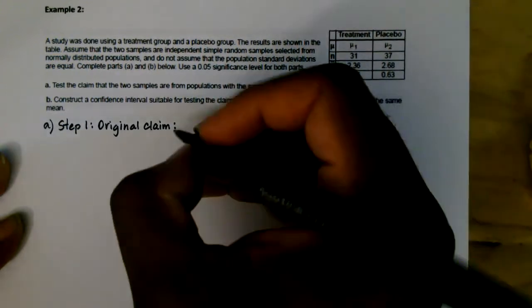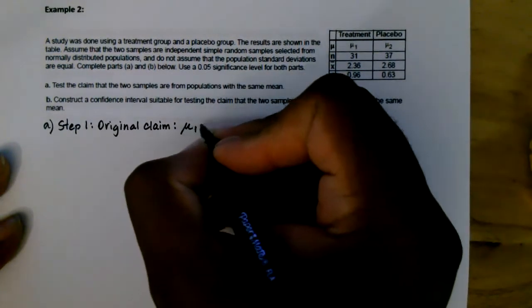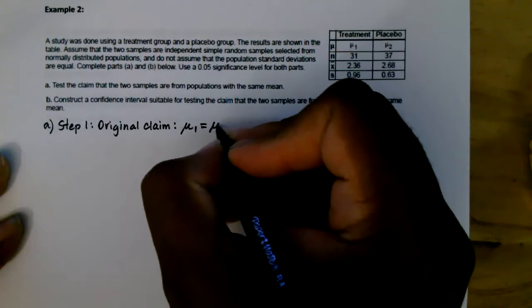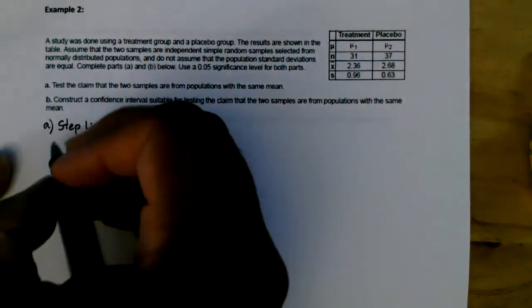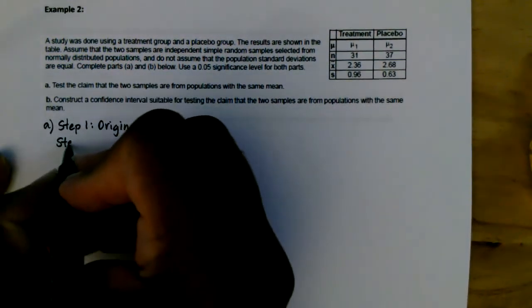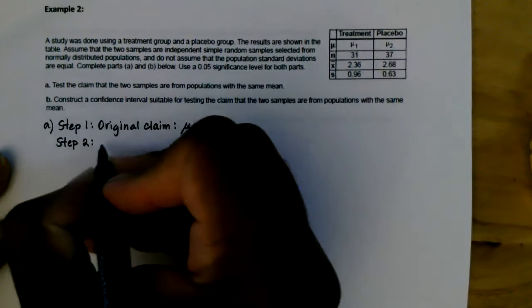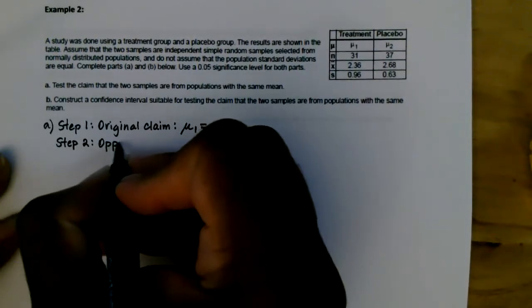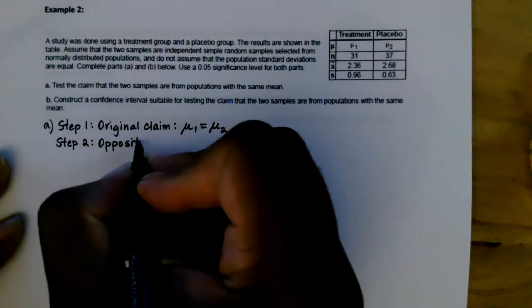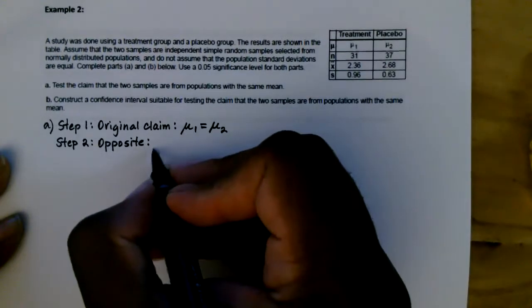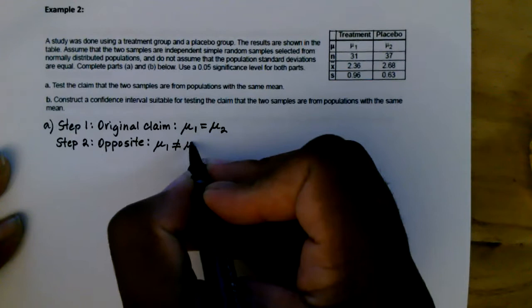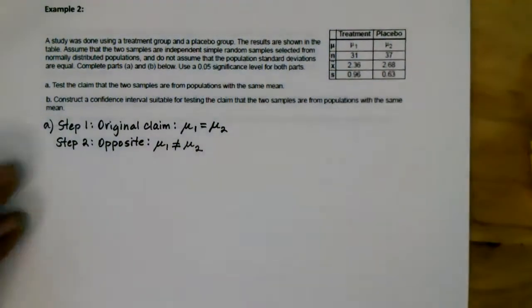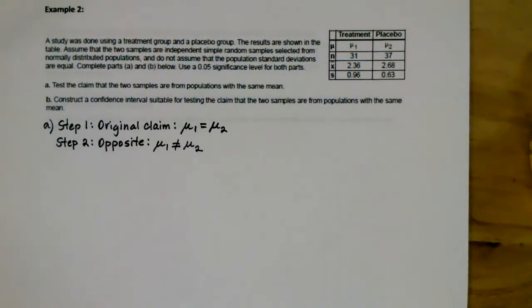Populations with the same mean, that means that mu1 must be equal to mu2. So there you have it. That's step number 1. Step number 2 is the opposite of the original claim. That would be mu1 not equal to mu2. The opposite of equal to is not equal to.